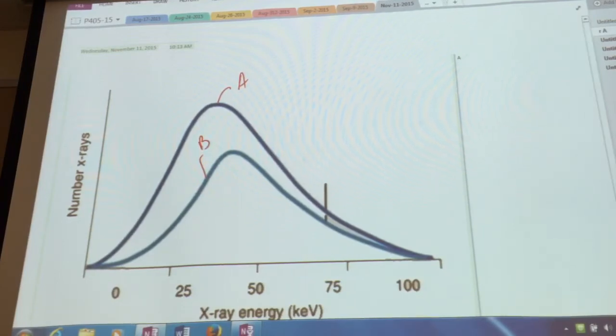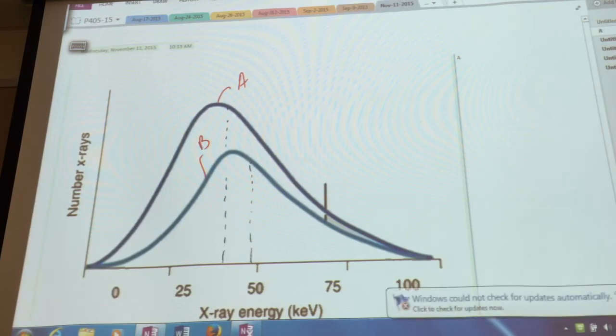What are we looking at? The median, yeah, the median is a pretty good idea. So the average energy of B is about here. The average energy of A is about there.